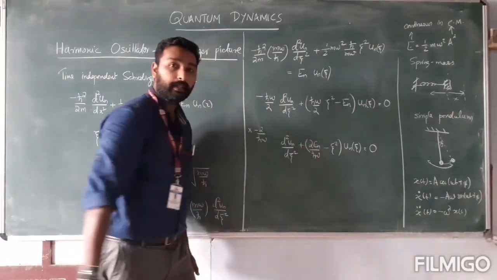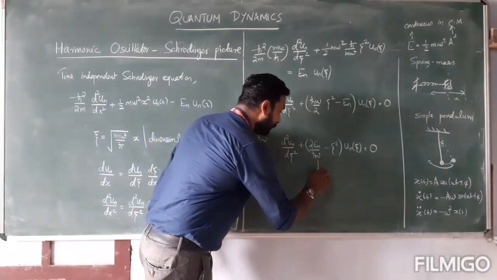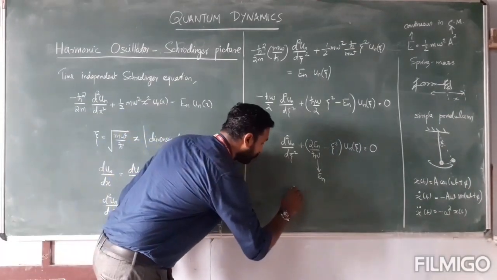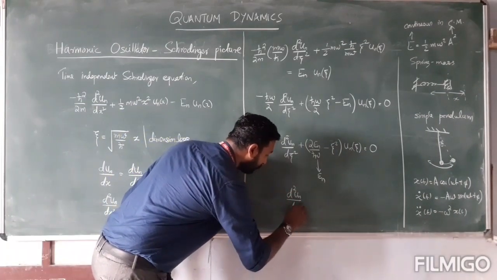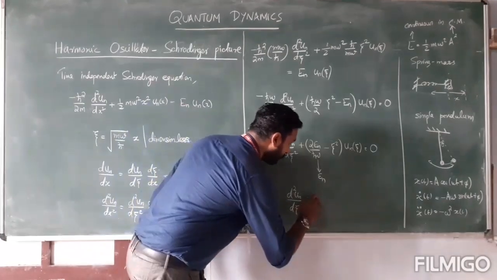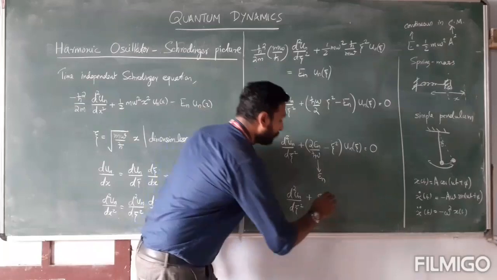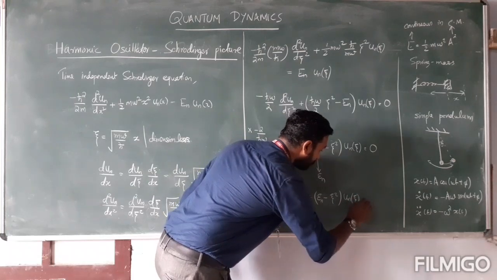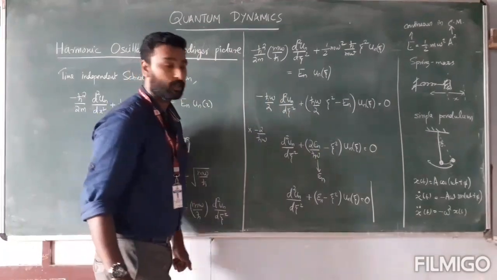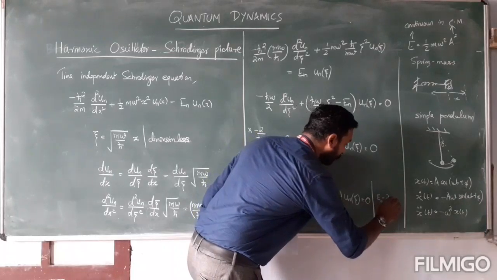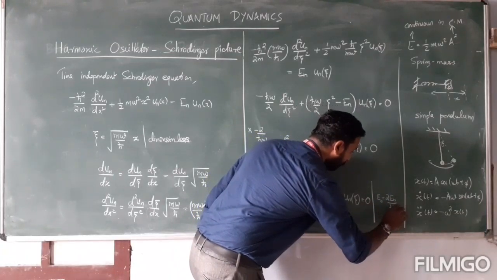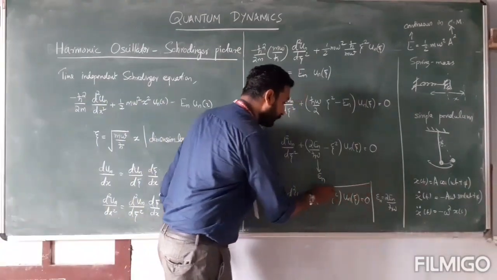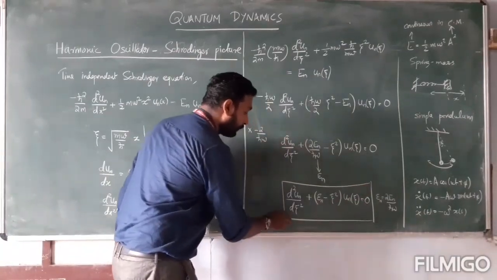Now this quantity 2 en by h cross omega I am going to denote with another symbol epsilon n, and my differential equation will take the form d square un by d theta square plus epsilon n minus theta square, un of theta equals 0, where epsilon n equals 2 En by h cross omega. Okay, so this is my differential equation in terms of the new variable theta.